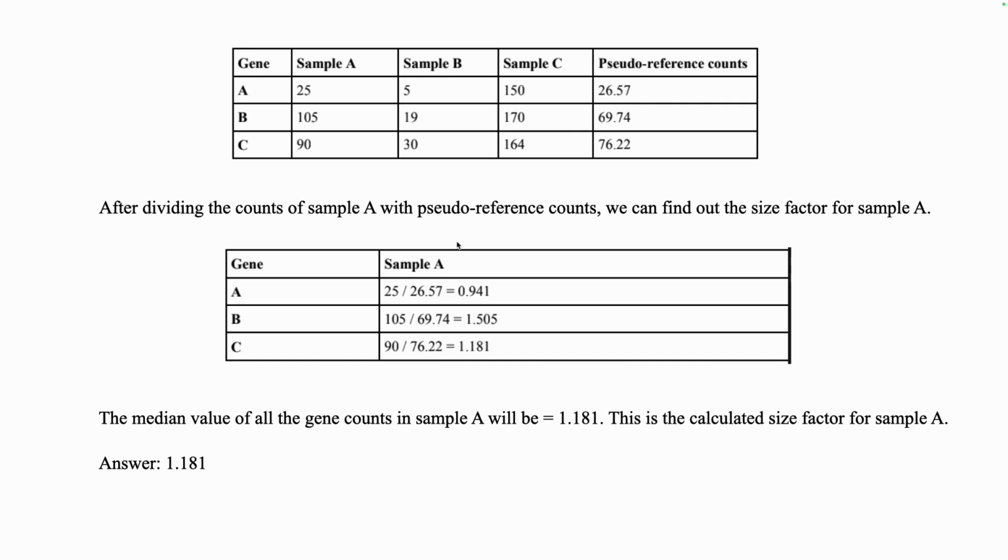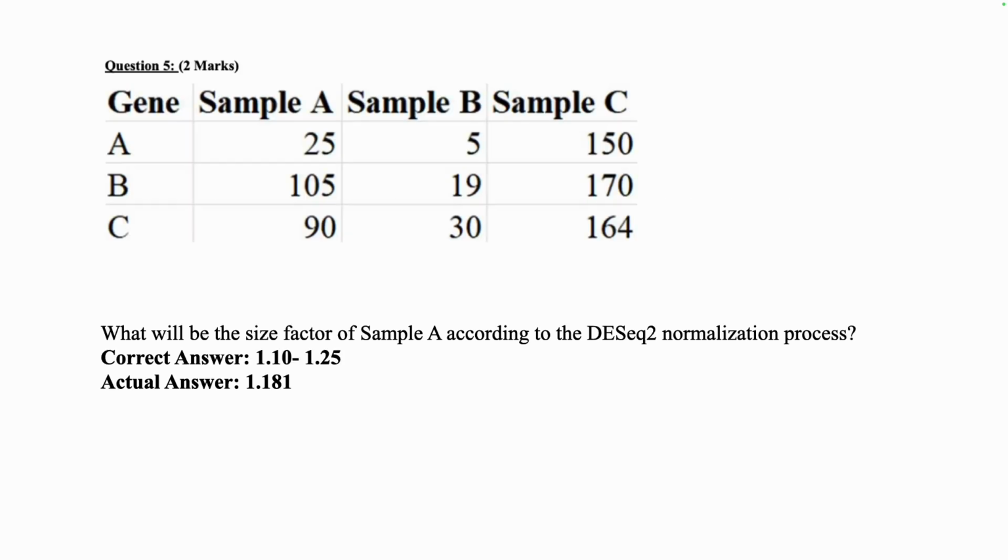We normalize our data so that when we get a result, we can be very sure that the results are coming only from the biological variants, not from the technical variants. So for this we are calculating the median value, which would come as 1.181. For this question you can give a range between 1.10 to 1.25, but the exact value is 1.181.